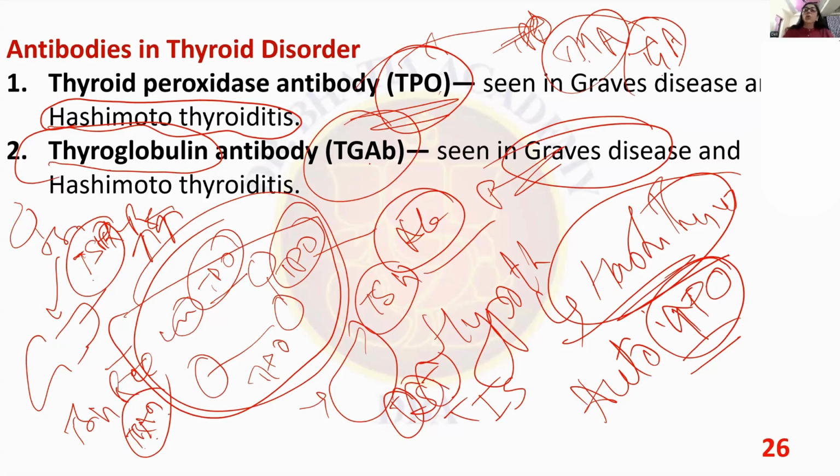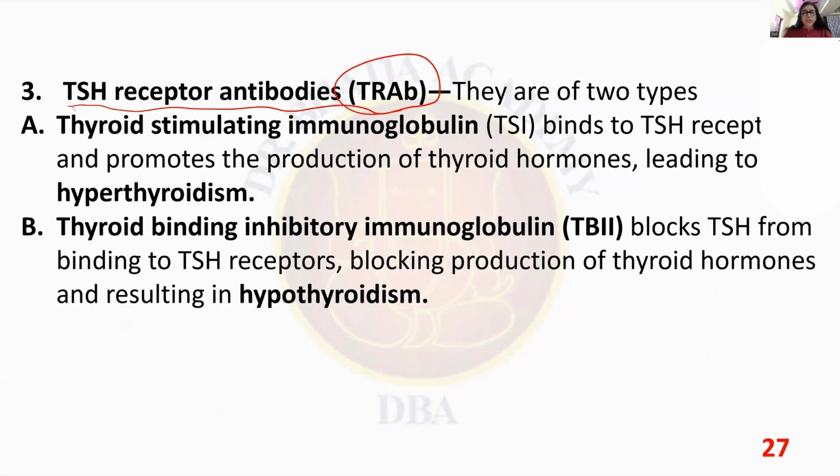TGA is another thyroglobulin antibody that is against the thyroglobulin, which is the base or the backbone of the hormone synthesis, which is present in the colloid. And we can have antibodies against thyroglobulin also, and they're also seen in Hashimoto's thyroiditis.